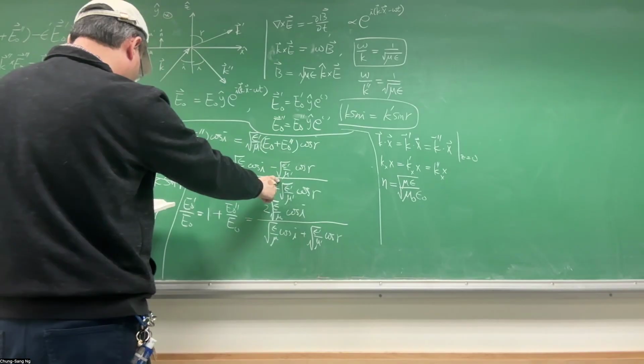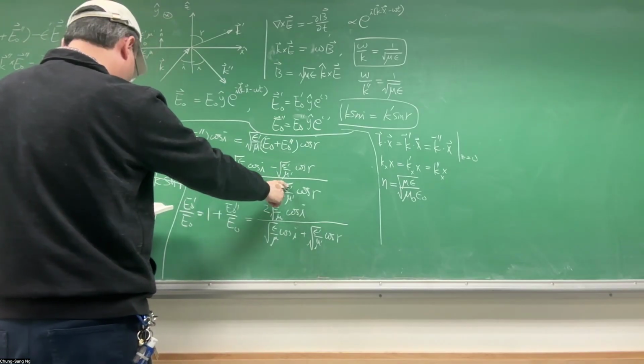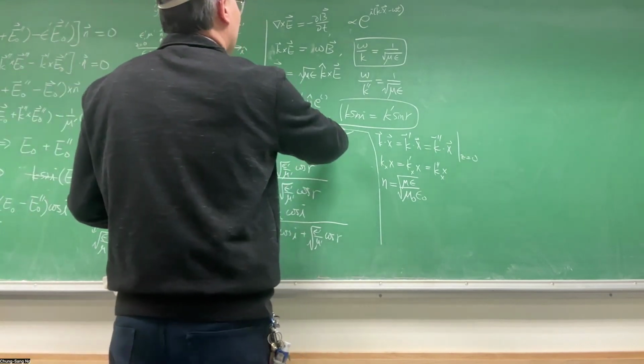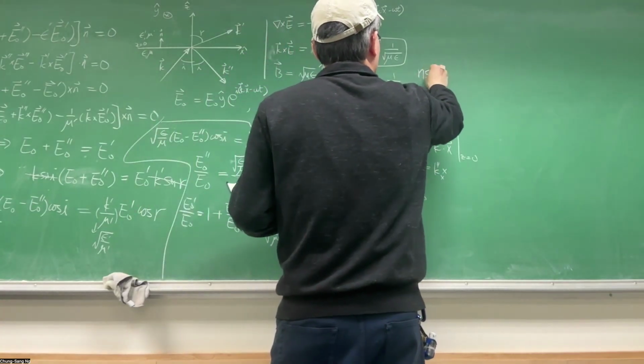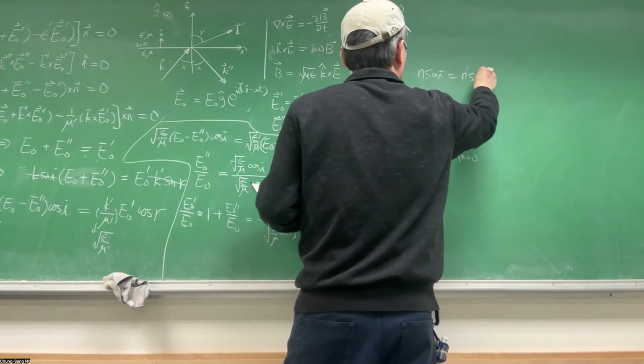So you have mu over mu'. And this is n, this is n', mu over mu'. And finally, it's just the cosine R, using the Snell's law. Snell's law is n sine I equals n' sine R.